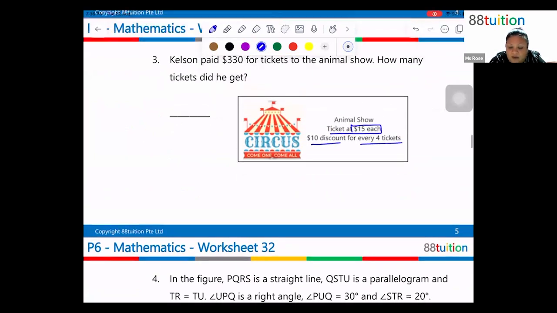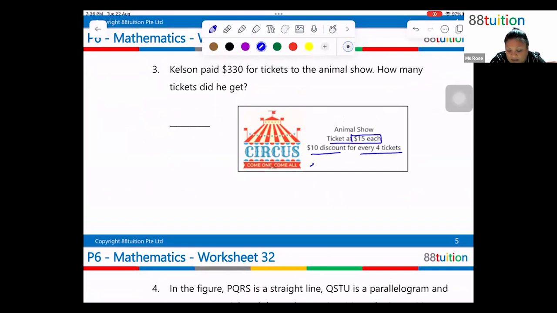So that means for every set of 4 tickets, what's the cost? 4 tickets cost $15 each minus a $10 discount to give me $50. Yes, Jeremy, it is. Yes, that's right. Okay, so every set is $50.